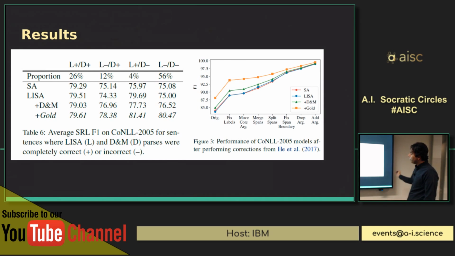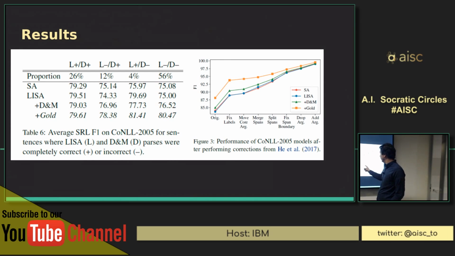Okay, on the right, figure 3, performance of CoNLL 2005 models after performing corrections from He et al. So basically, they are looking at the syntactic parses. There are a few things that can go wrong. One of which is the span. I think, are these POS tags or parses? Masood, if you can look at it.